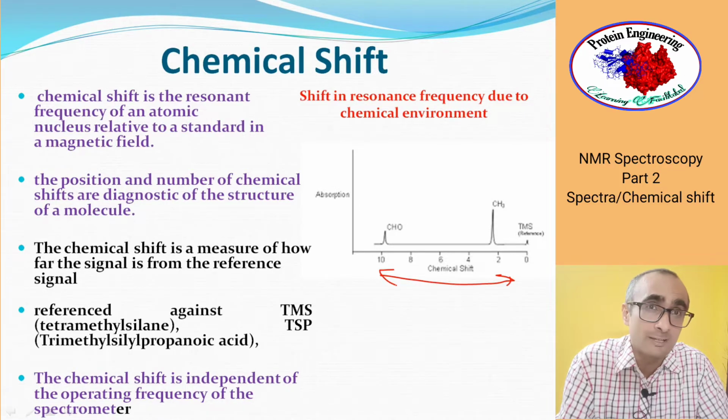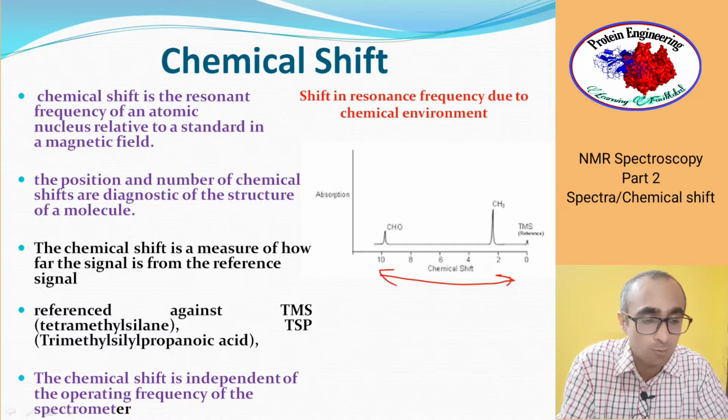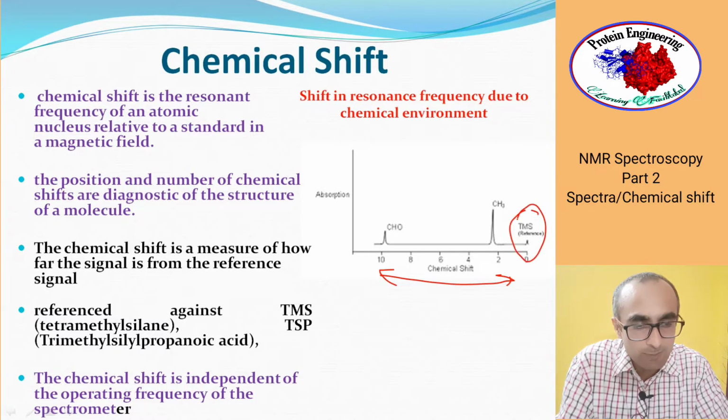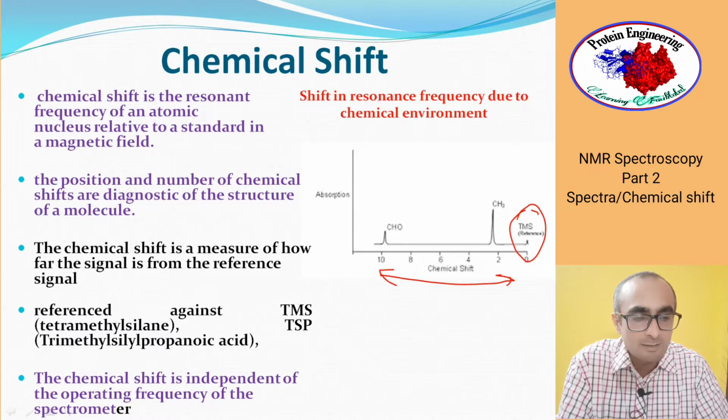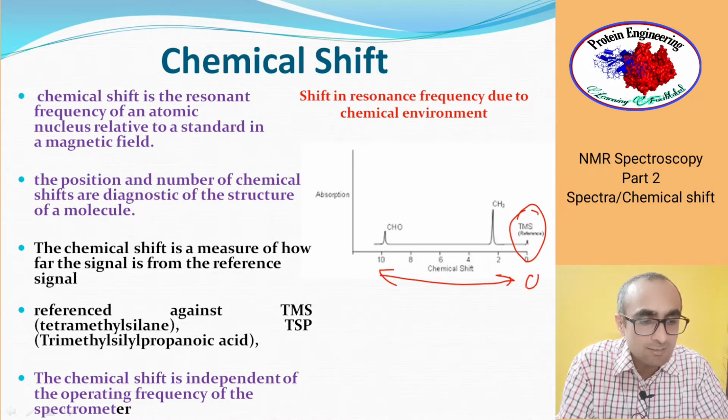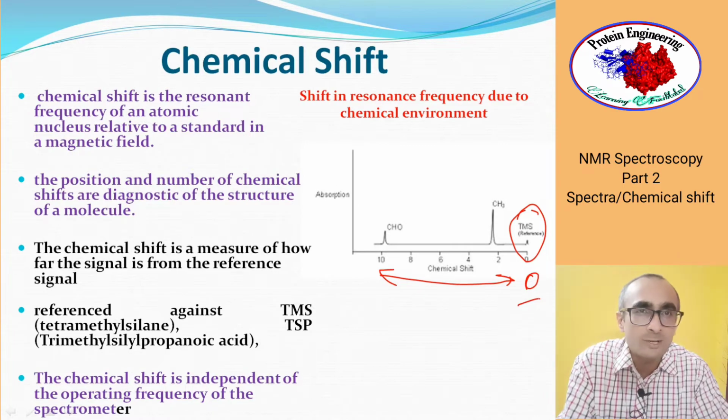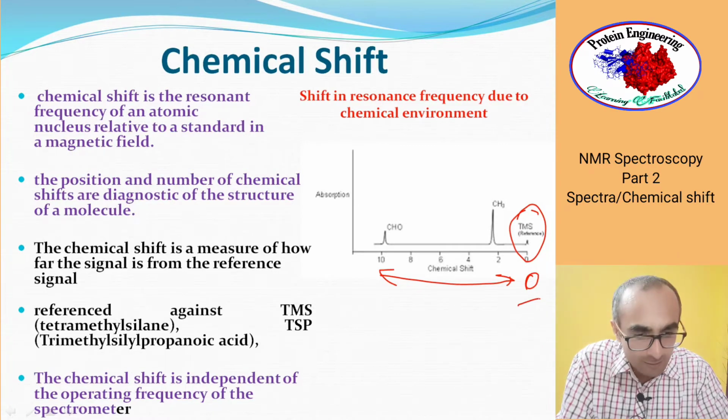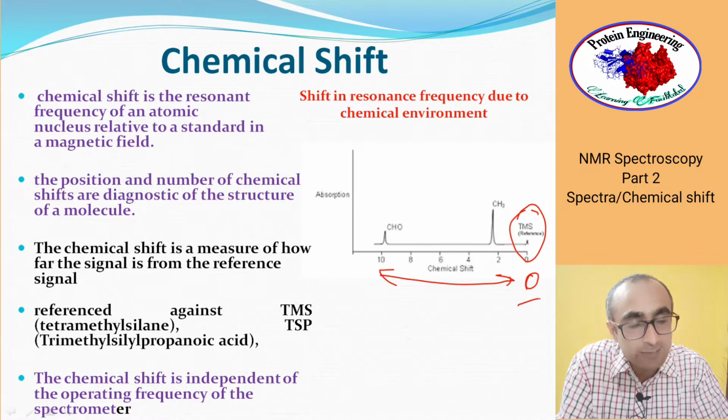So we always use a standard molecule here. For example, TMS, tetramethylsilane, is used as the standard here, and that is considered to be at 0 ppm. All other frequencies absorbed by protons in the compound are placed relative to the TMS peak.